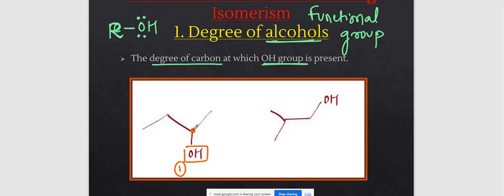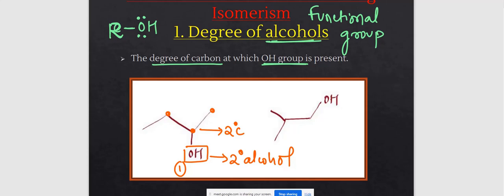Now this carbon is connected to how many carbons? 1, 2. So the degree of this carbon atom is 2. This is 2 degree carbon, so the alcohol is also 2 degree alcohol. To decide the degree of alcohol, we have to check the degree of carbon to which that alcohol group is attached. Clear with this?